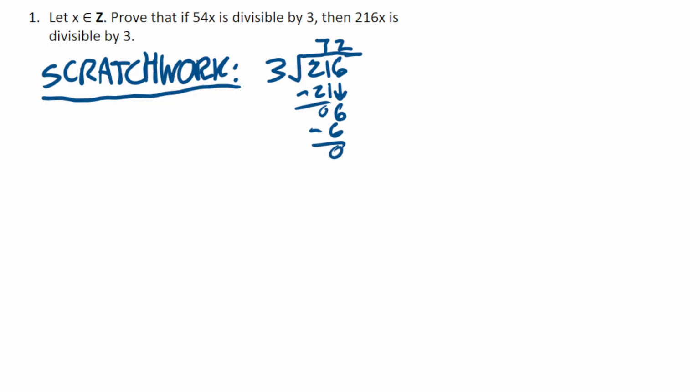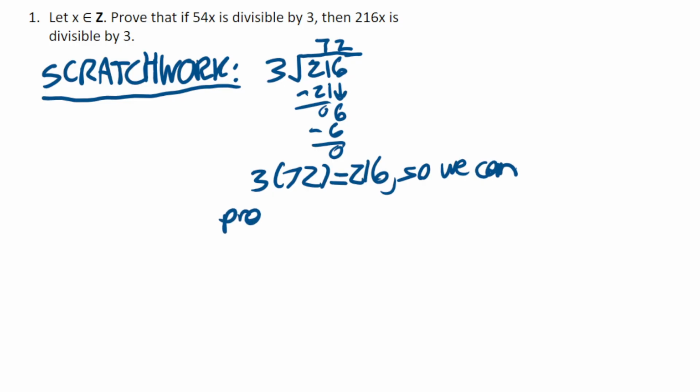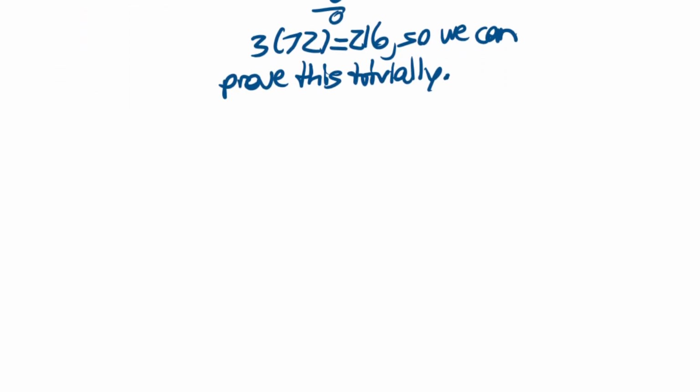Yes, it is. So 3 times 72 equals 216. So we can prove this trivially. So with that, we can write our proof.